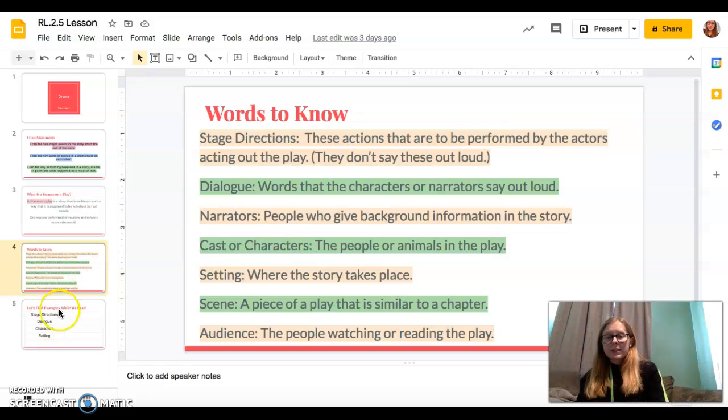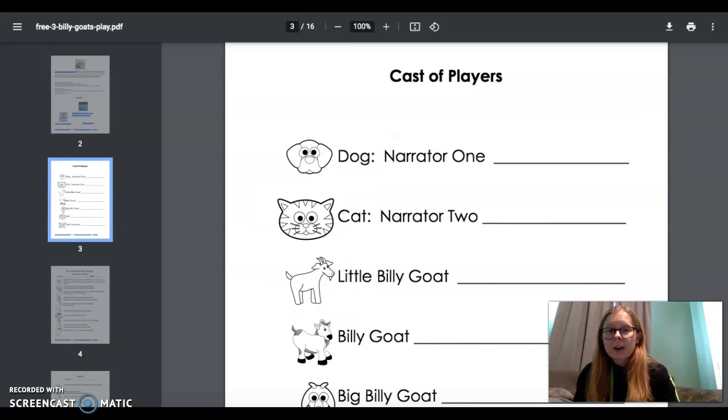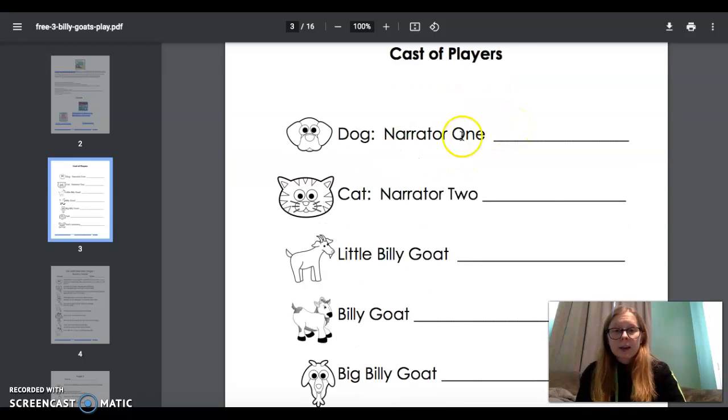So while we look at this play, I want us to find some examples of these things. We're going to look for stage directions, dialogue, characters, the setting. So let's look. I have The Three Billy Goats Gruff pulled up, and at the very top it says cast of players. Those are our characters. So it says narrator 1 is going to be the dog, narrator 2 is the cat.